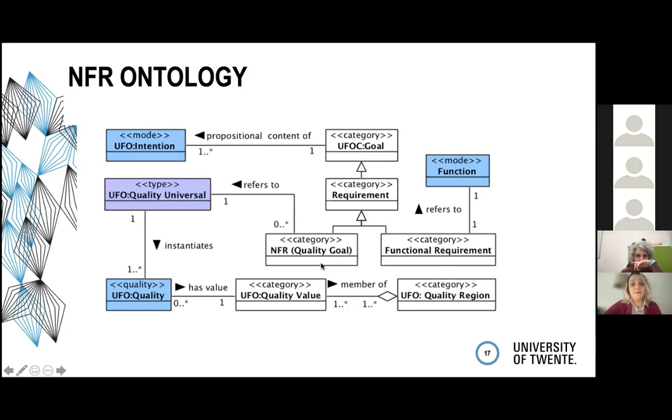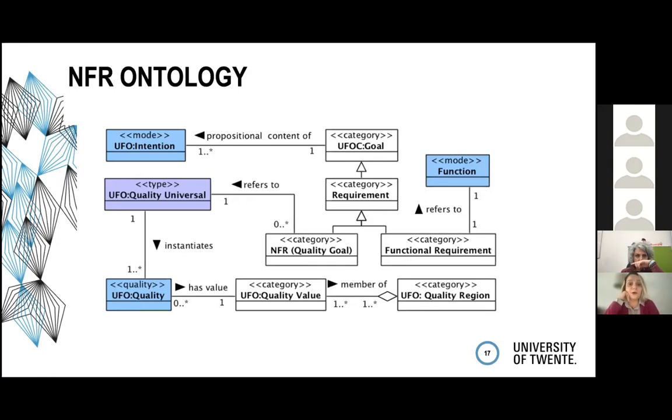And if it's a non-functional requirement, which is the one that we focus on here for understanding trustworthiness, then we also call these quality goals. We call it a quality requirement or quality goal.